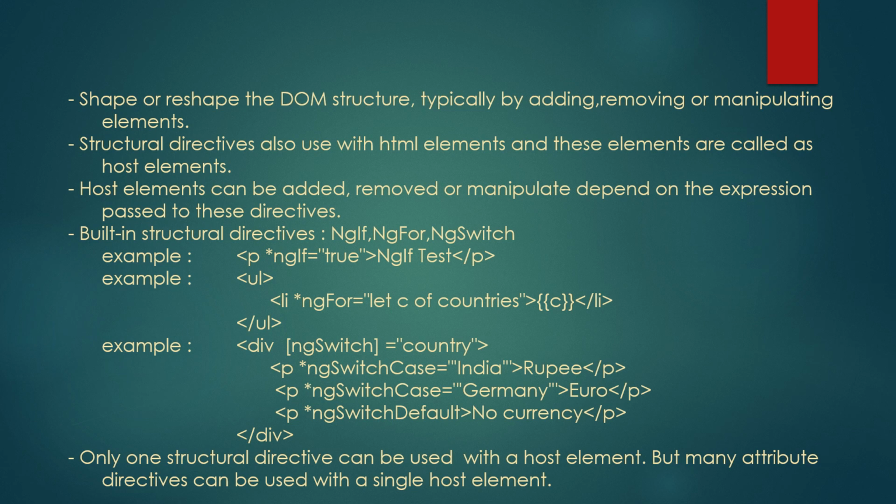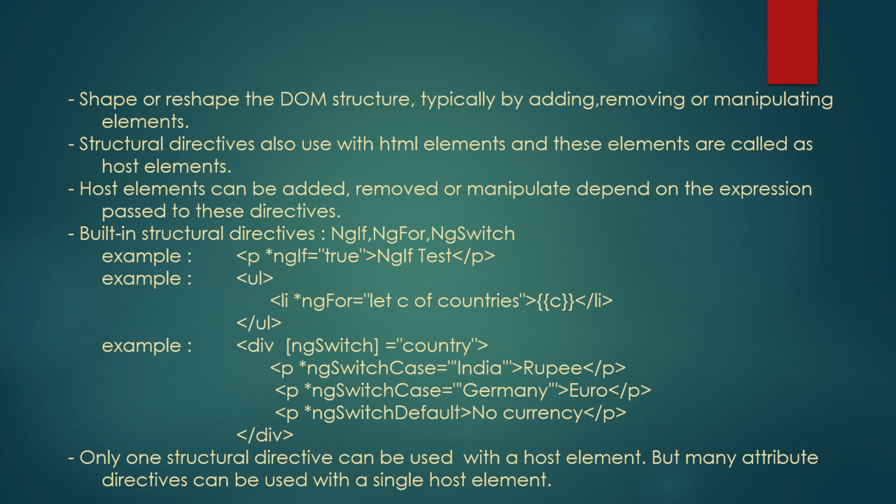ngSwitch is basically used to display one of multiple host elements on the browser. Here ngSwitch is the attribute directive, so we should use it as an attribute equal to some value that we need to pass. Then we need to write the switch cases where this value is matched with these switch cases.